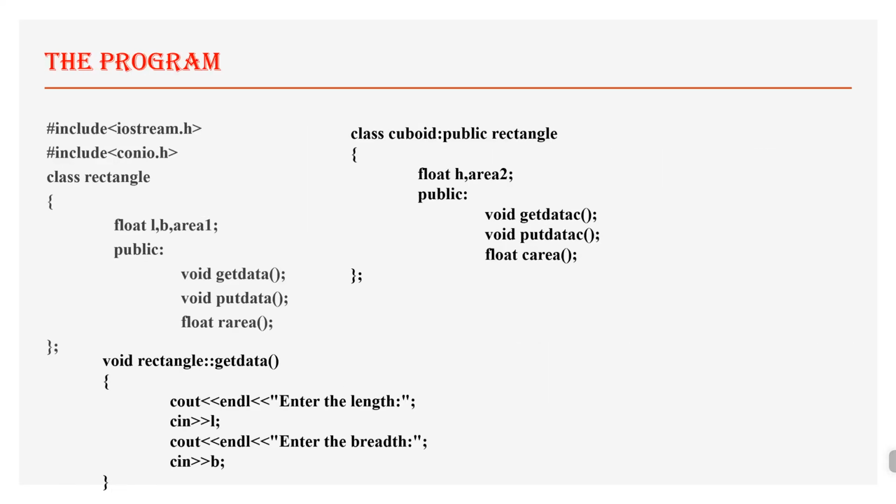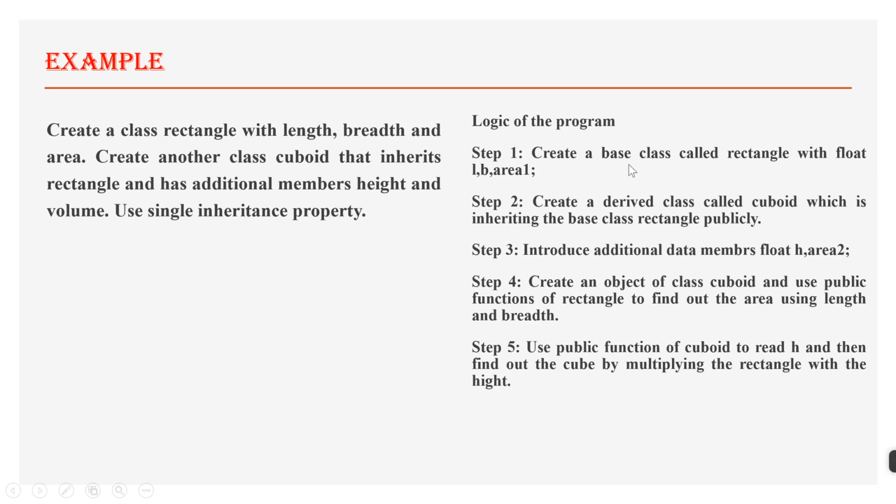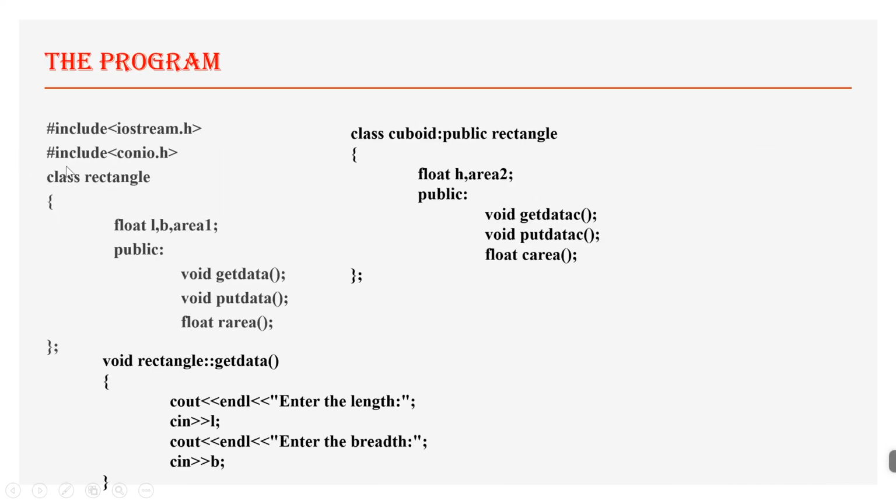So what is called here? Step 1. Create a base class called rectangle with the float L, B and area 1. I am doing the same thing. Create a class called rectangle with the L, B, area 1 as a member. Then I am calling get data, put data, rectangle area, R area.